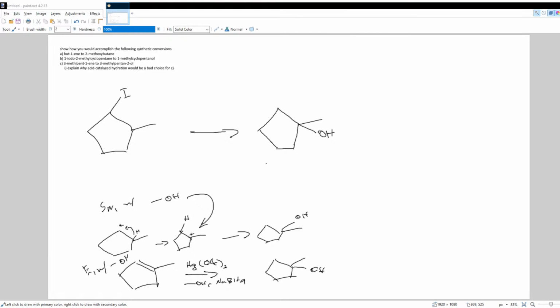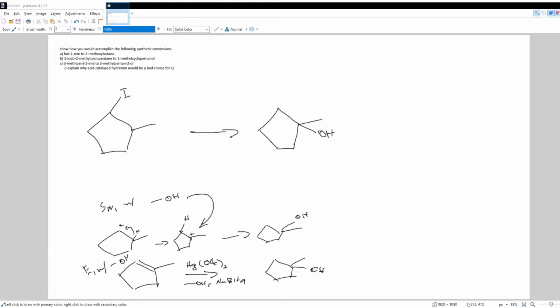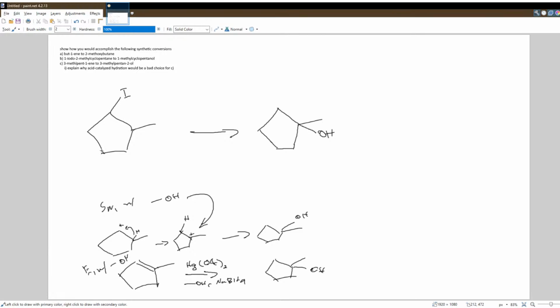Although, wait, is dehydrohalogenation the same thing as the E1 reaction I just drew? I think it might be. I don't really see any problems with my mechanism. Let's check out the answer. I'm sure there are so many problems with it that I can't even believe.